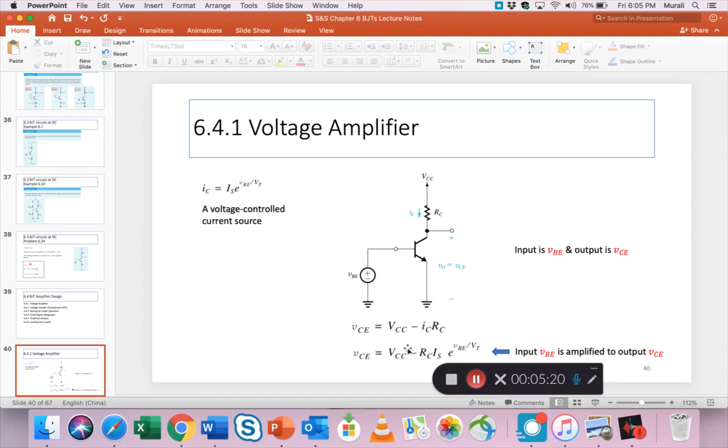Now you have a formula for the output, the dependent variable, as equal to something times the input VBE. So input VBE is amplified to output VCE, and thus we have defined a voltage amplifier. Okay, so that was slide 40.